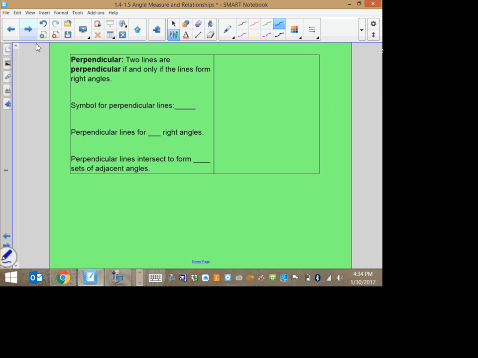Now perpendicular, you guys have talked about perpendicular before, but we're going to define it. Two lines are perpendicular if and only if the lines form right angles. The symbol for a perpendicular line is an upside down T. And we have two lines that form 90-degree angles.